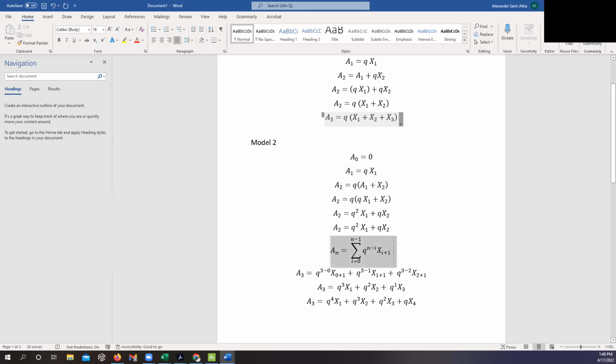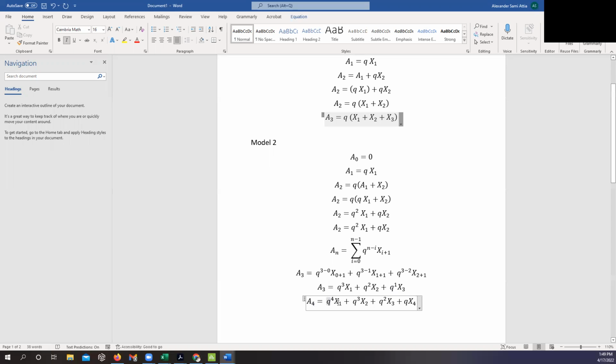This is the original summation, and I put it here because I'm going to go to A3 and A4 to show you the effect. I did all the summation here, and I end up with A3 equals: X1 gets triple Q, X2 gets Q squared, and X3 gets only one Q effect. If I go to A4, this is A4, copy and paste, right?